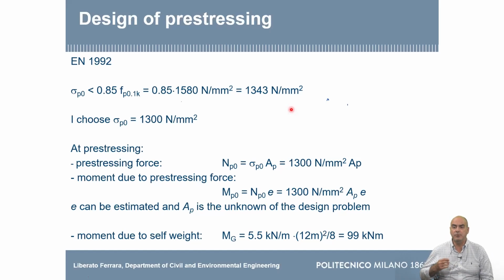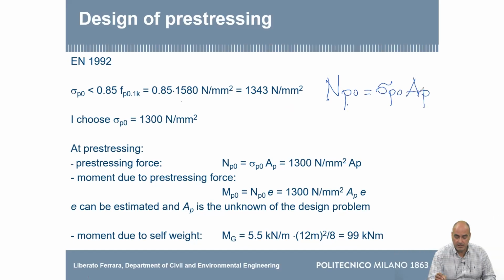So if you go back to the slide number 2 of this class, probably you will see that the pre-stressing, we consider it as an equivalent force, NP0. And this NP0 is the product of the pre-stressing action times the area of the tendon. So we have two quantities to choose.